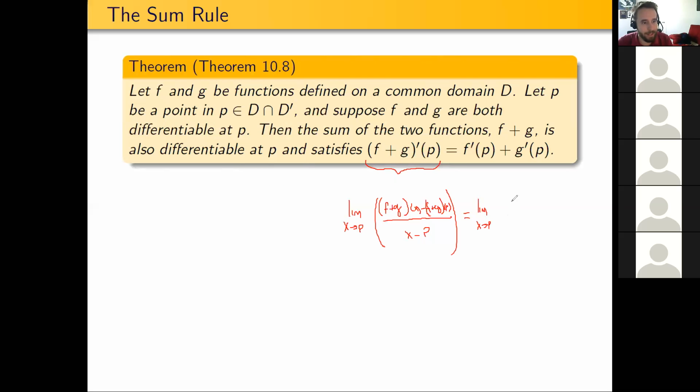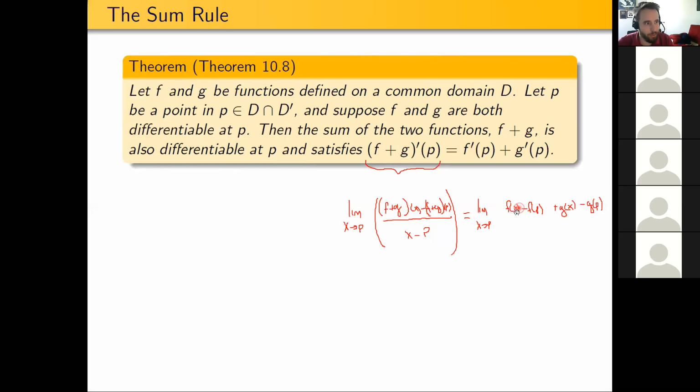Limit as x goes to p, we had f of x and then plus g of x, and then minus f of p minus g of p. So we sort of distributed everything over here.